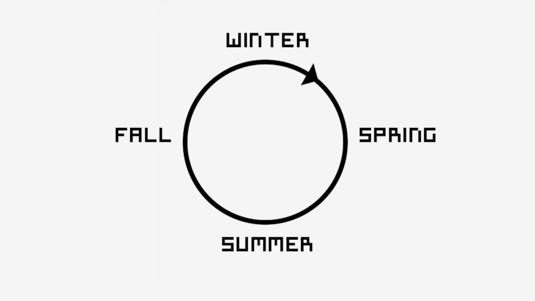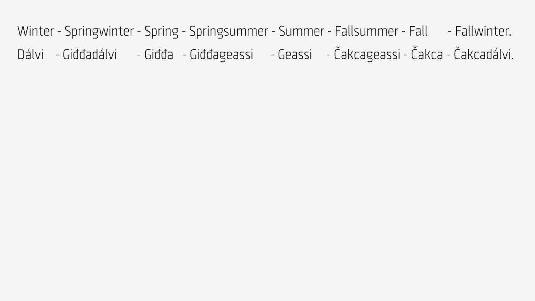But even seasons can be understood differently outside the usual spring, summer, fall, and winter cyclic pattern. The Sami conceptualize the seasons as overlapping periods, and the wording of the seasons can be crucial in understanding their visual model of the seasons as well. In the case of winter, the word winter is never the primary in the overlapping periods.